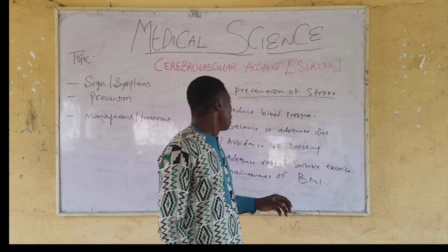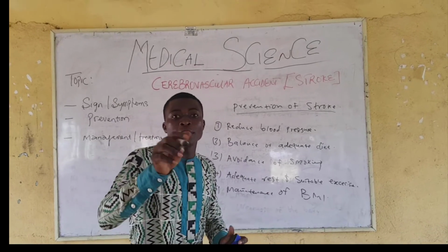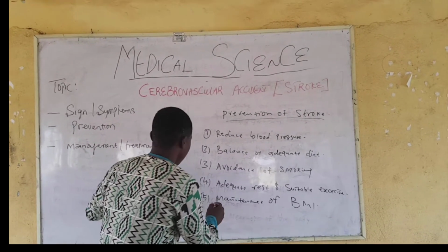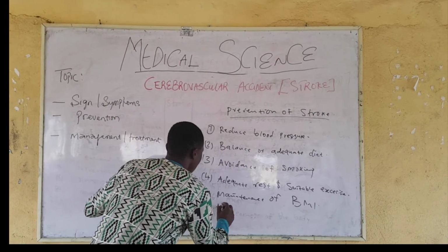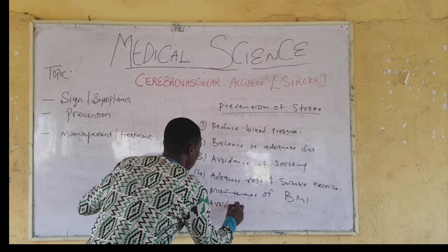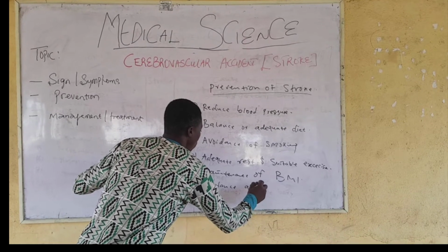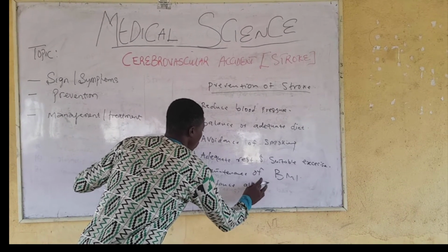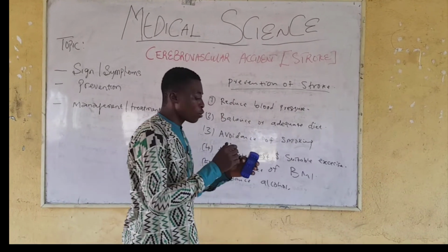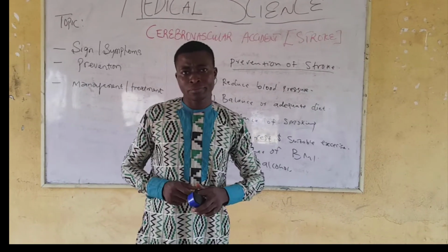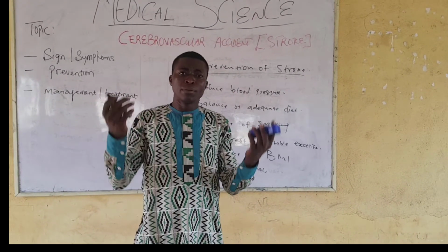So that is it. Now again it's avoidance of alcohol. Yes, number 6. Avoidance of alcohol. Alcohol can cause many damages in the body. It can damage your brain.